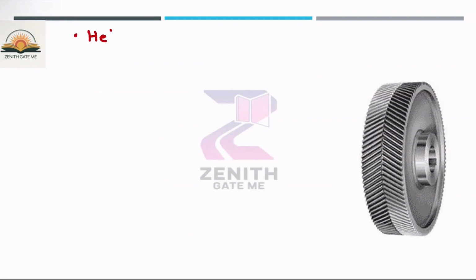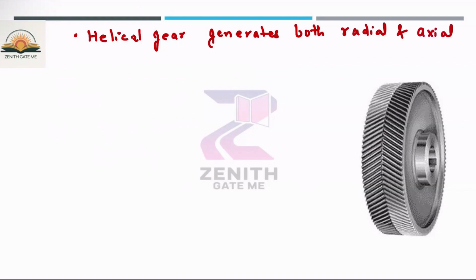The helical gear generates both radial and axial load due to the angled teeth. That means the teeth are not straight, parallel to the axis. It has a certain angle.